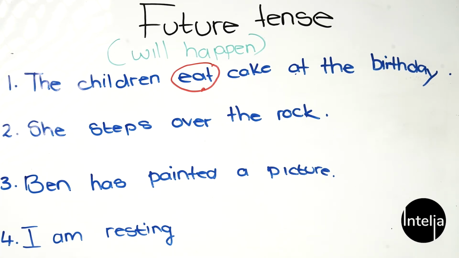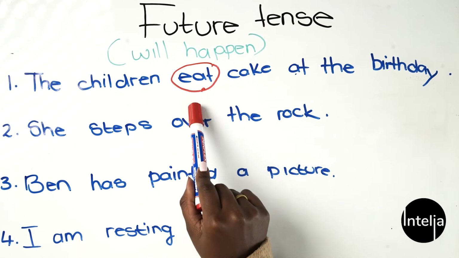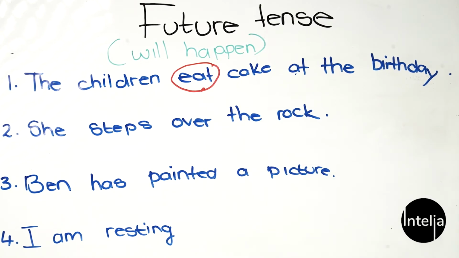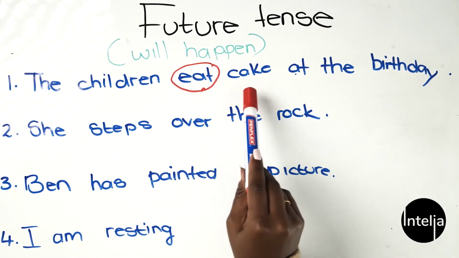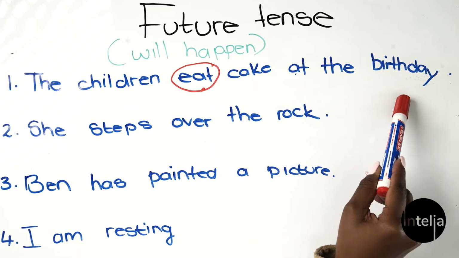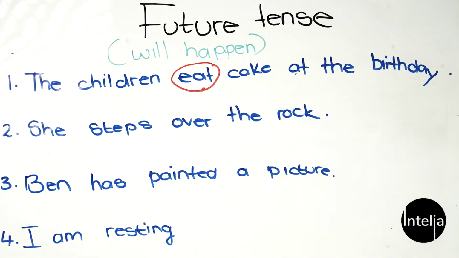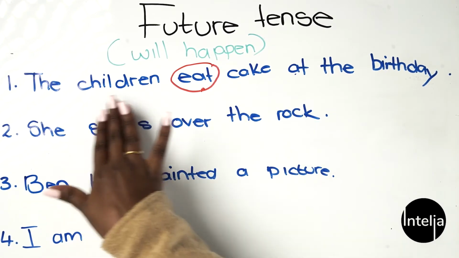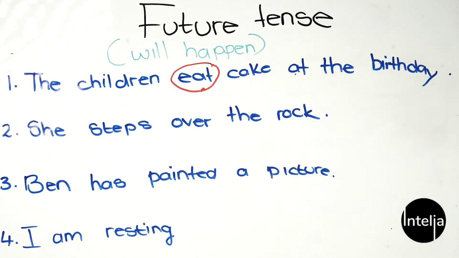That's right, it is present because the children are currently eating. The children eat cake at the birthday. Not ate cake at the birthday. So, now that we know what tense it is in, how are we going to change it from the children eat cake at the birthday to future tense, something that will happen?